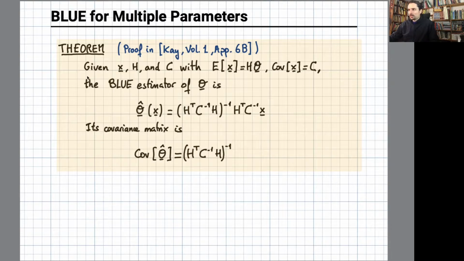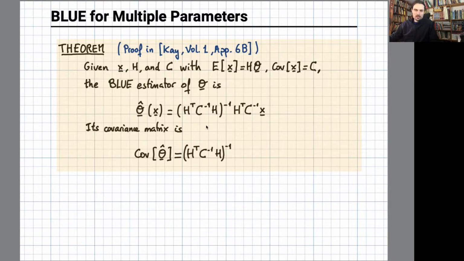So let us consider the setup in the first slide, with both of the simplifying assumptions. Then this theorem states that the BLUE estimator is given by this expression here, and its covariance matrix is given by this expression here.